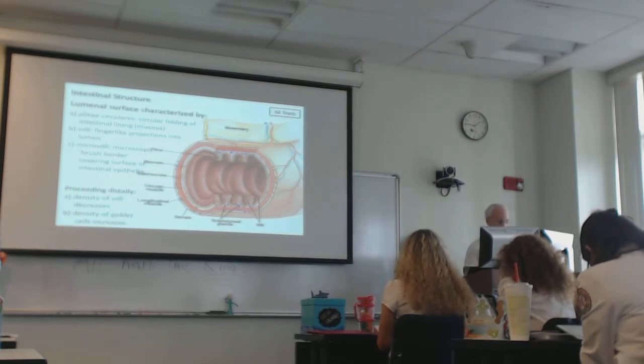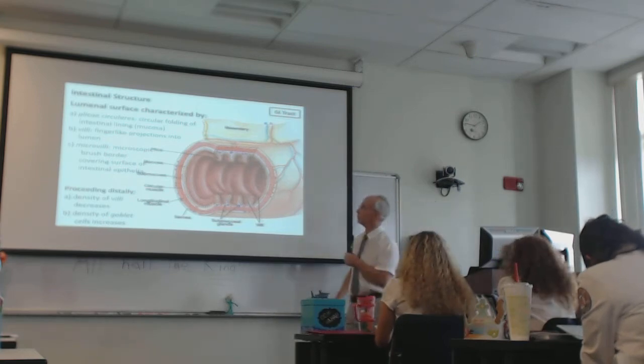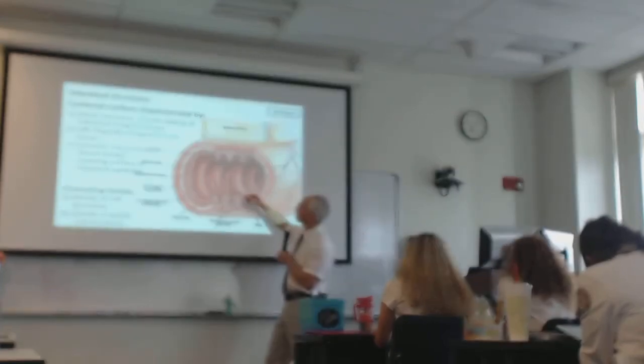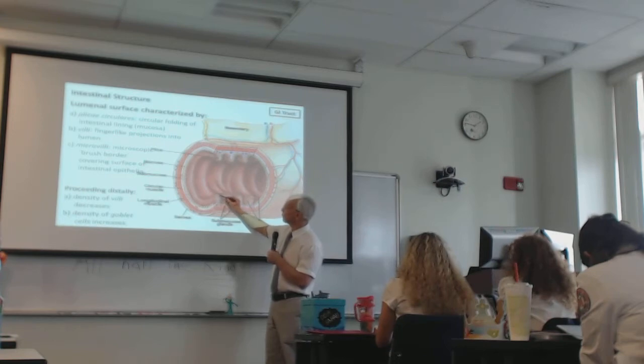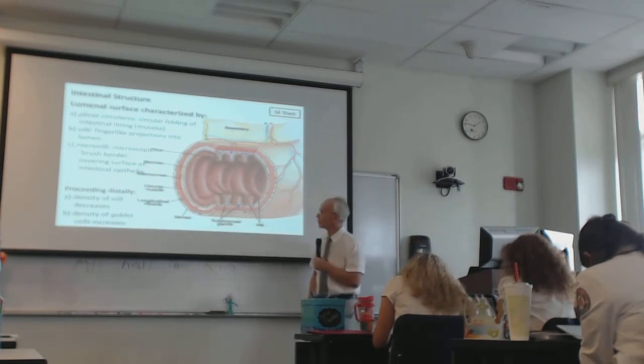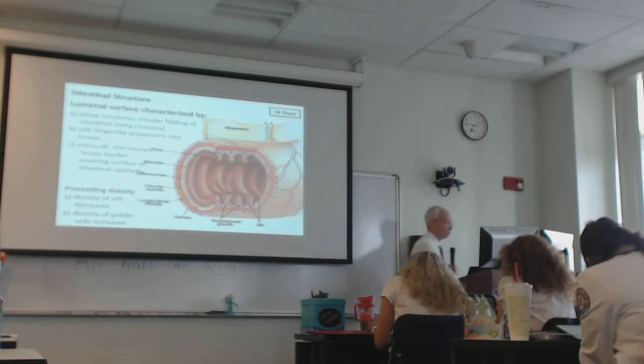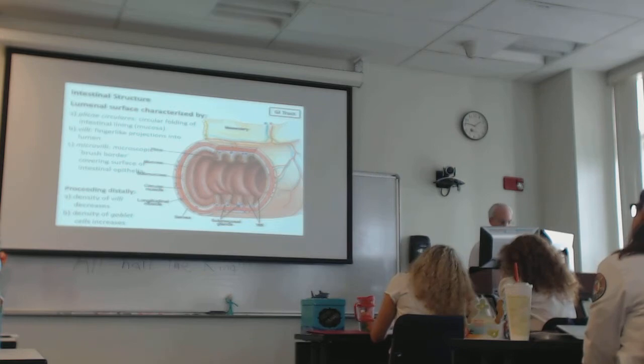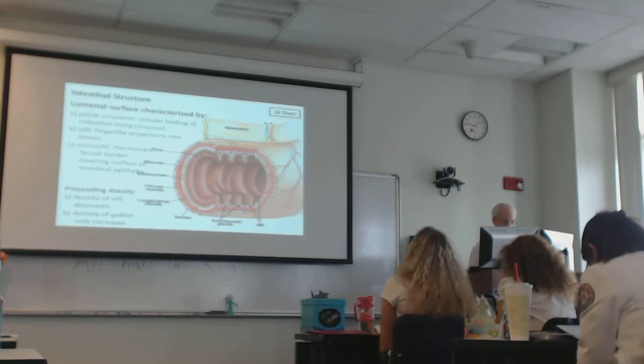These are the plicae circulares. They go by a variety of names, valves of Kerckring, and so on. And then extending from those are the villi. So those little finger-like projections projecting from the plicae are the villi. And then what you can't see, suffusing the villi, is the brush border or the microvilli.